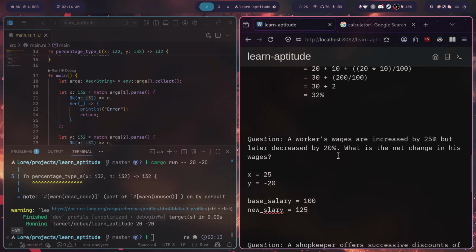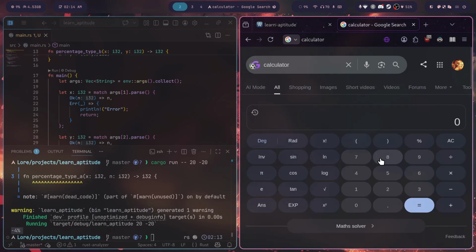And if I decrease by 20%, 20% of 125 will be, we already have a calculator, so why bother, 125, 25, 225 divided by 5, 25.